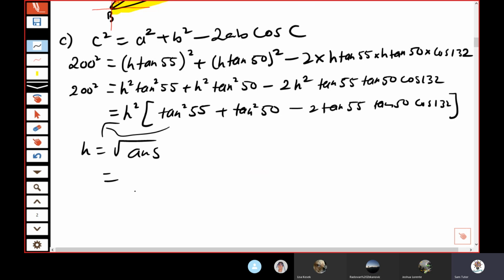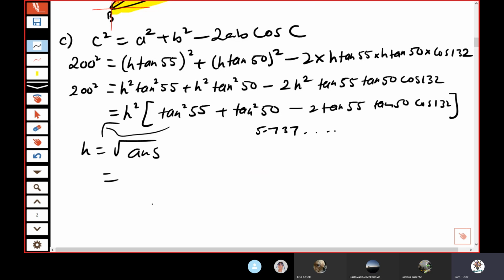And let's hope we can all get the same answer. So I will go plug this into my calculator now. Tan 55 squared plus tan 50 squared minus 2 times tan 55 times tan 50 times cos 132. If you plug this into your calculator, it should give you about 5.737, blah, blah, blah.